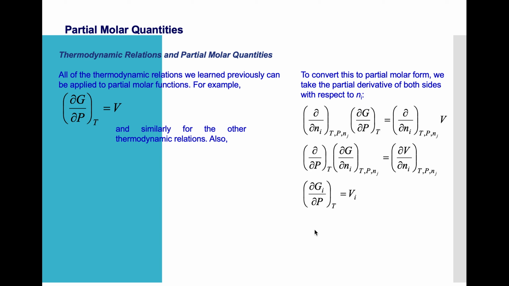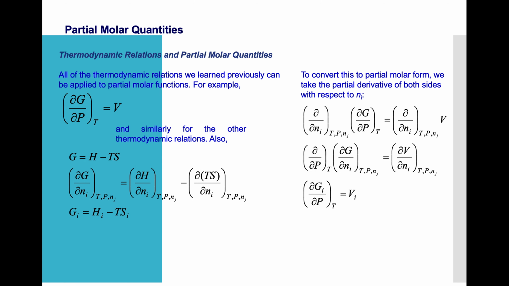So we can get this. G equals H minus TS. This is how we get the relation between the thermodynamic properties and the partial molar quantities.